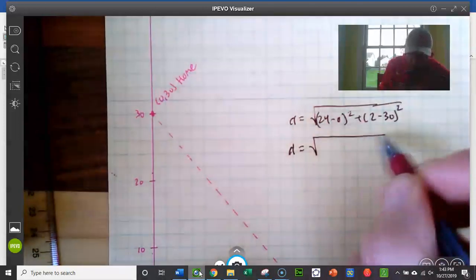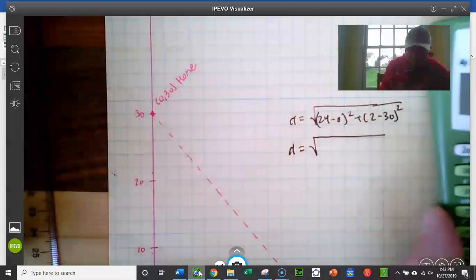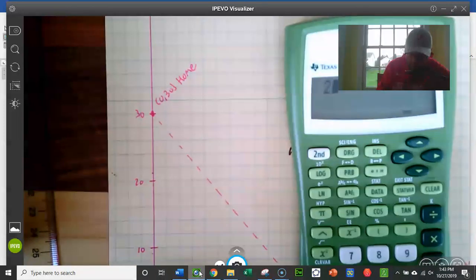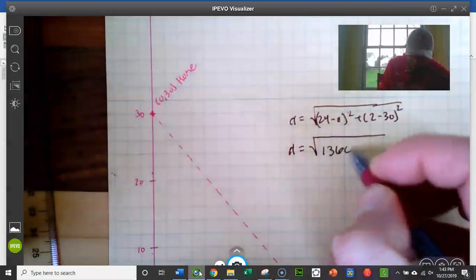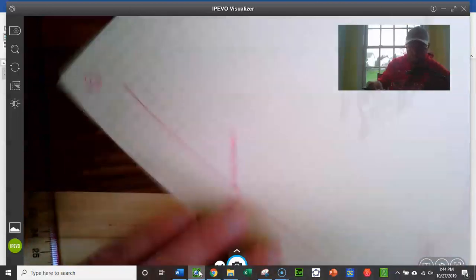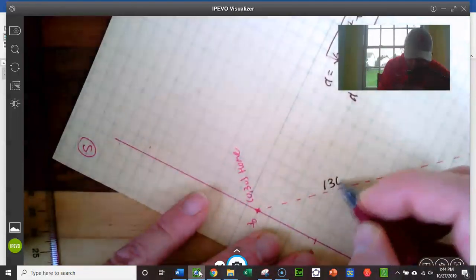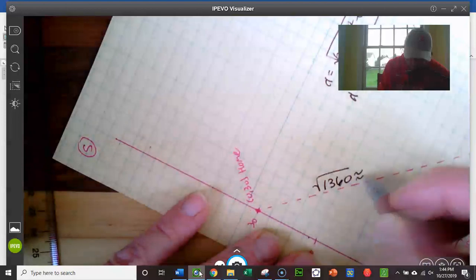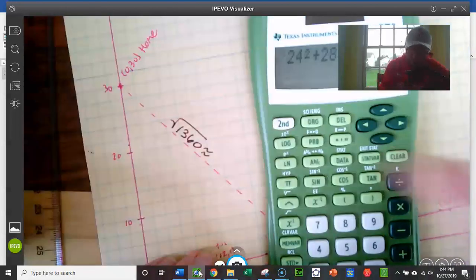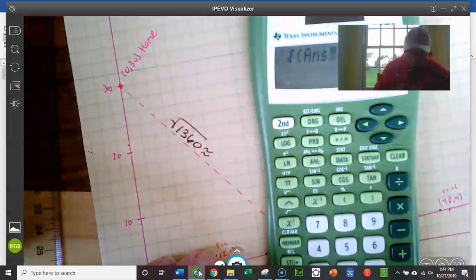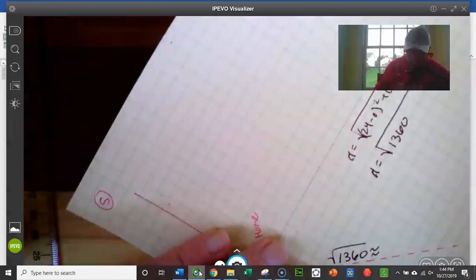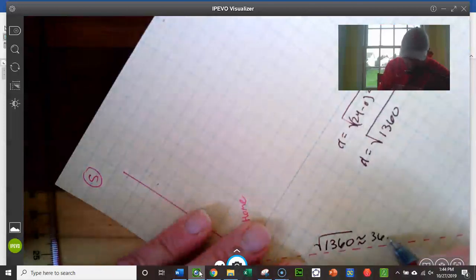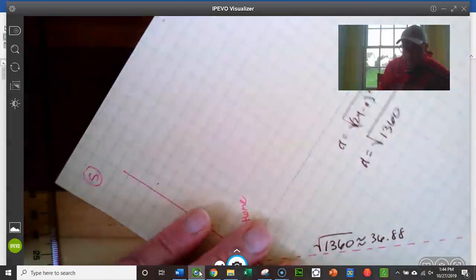D equals 24 squared plus 28 squared, 1360, which is approximately 36.88.